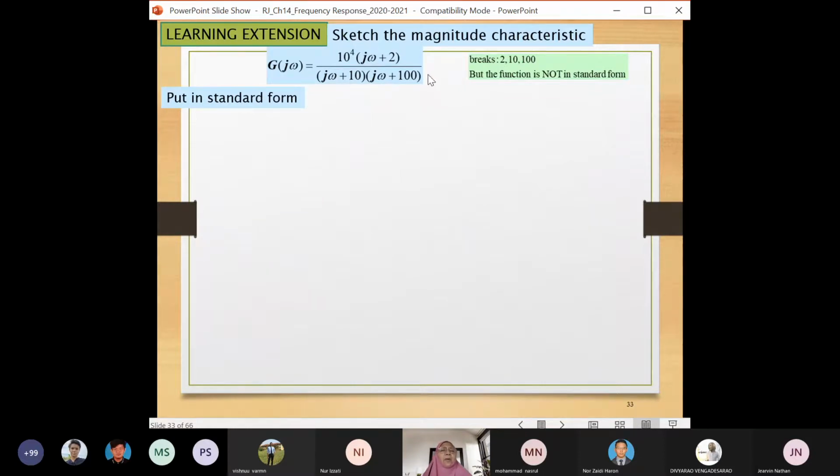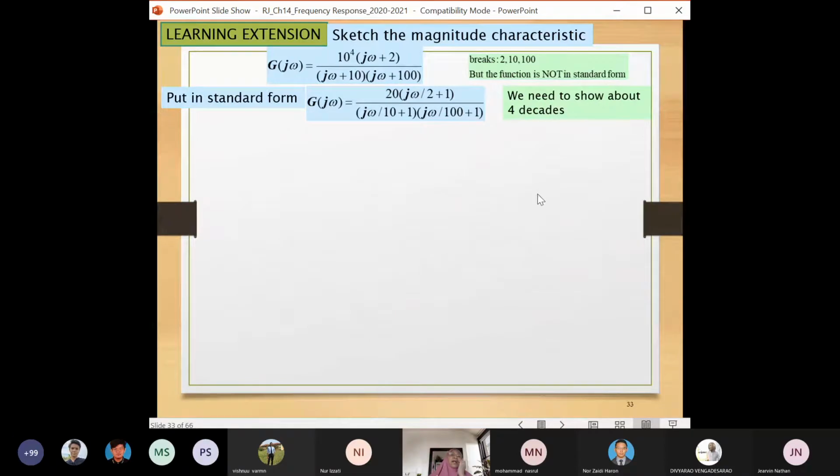That means you multiply 1 over 10, 1 over 100, top and bottom. And at the top you want to divide by 2. You multiply 1 over 2, so you introduce 1 over 2 at the numerator. You must also introduce 1 over 2 at the bottom. And that will give you 20 jω over (jω/2 + 1)(jω/10 + 1)(jω/100 + 1). So now everything is in the standard form.